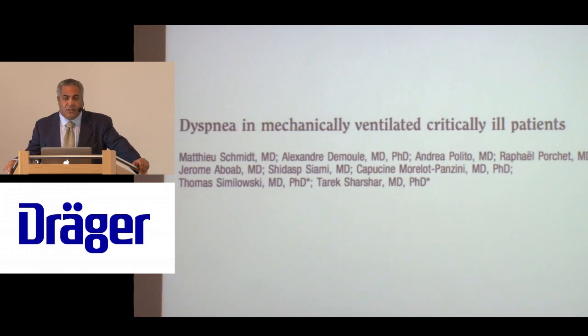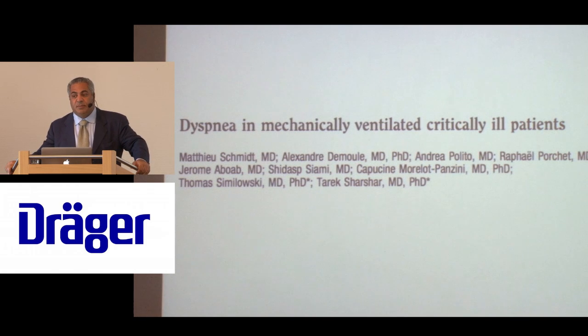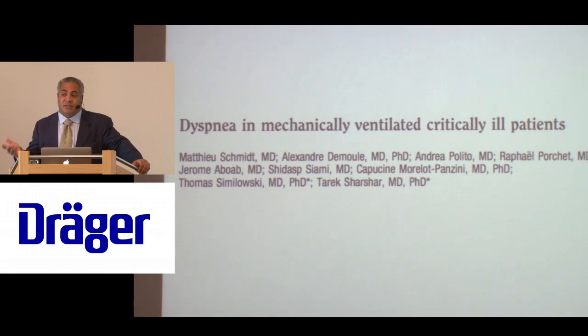And so we know that many patients are dyspneic on mechanical ventilation. Some people say this should be another vital sign, that we should look more carefully at this. And certainly there are many reasons for it. The endotracheal tube is really, we have patients that have so many injuries and lots of reasons for pain.